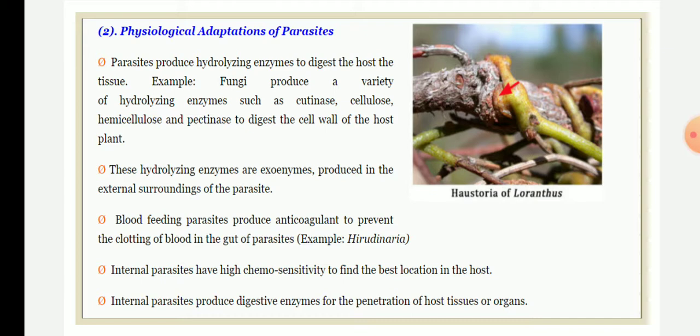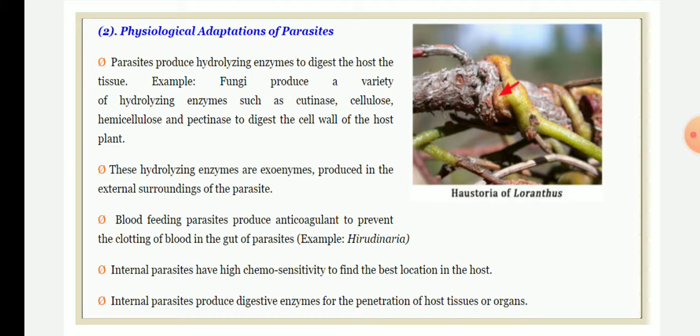Even photoreceptor organs like eyes and other sense organs have been completely lost in some forms, whereas the central and peripheral nervous systems are also reduced compared to other free living species of helminths. Then different adhesive organs are found, for example suckers, hooks, jaws.